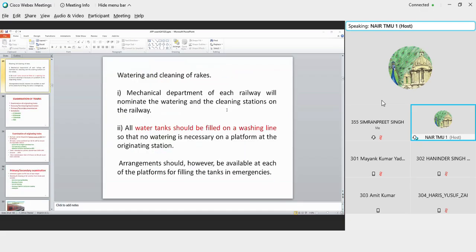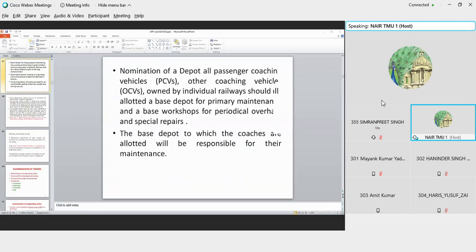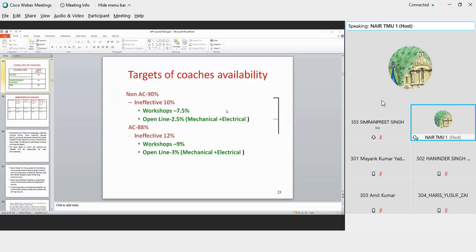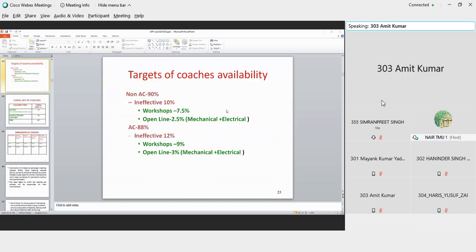What happens? I told you that if a coach is not available for more than 24 hours, it is called ineffective. Each depot is provided some spares. Again, we took the example of that Godavari Express, and we said that it needs 48 coaches.